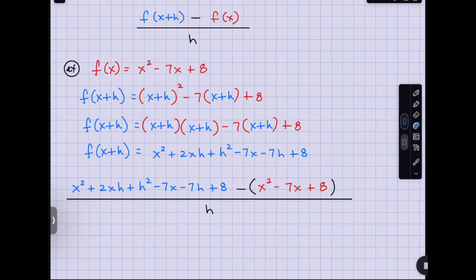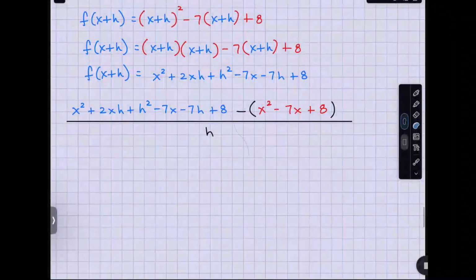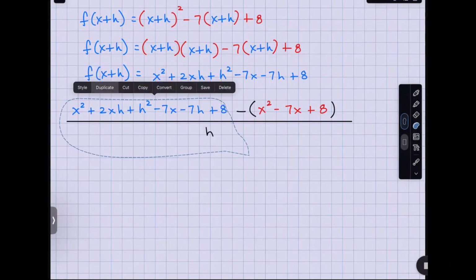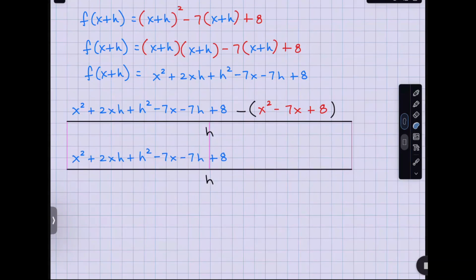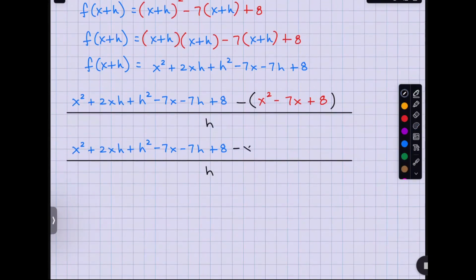Do we know where those came from? Yes? So not too bad so far? We're okay? All right. So what do I got to do with that negative sign? Distribute it. Awesome. So when I distribute it, do you agree that I'm going to get a negative x squared and a plus 7x and a minus 8?